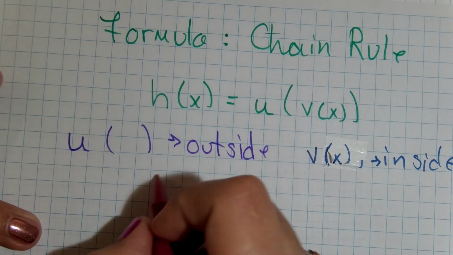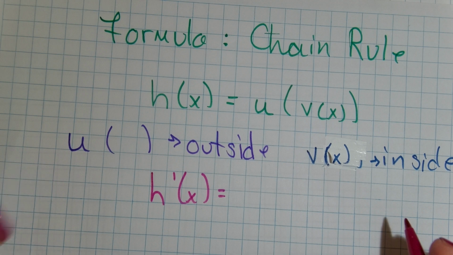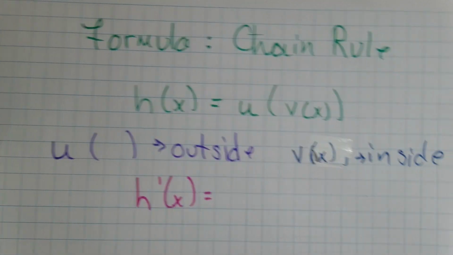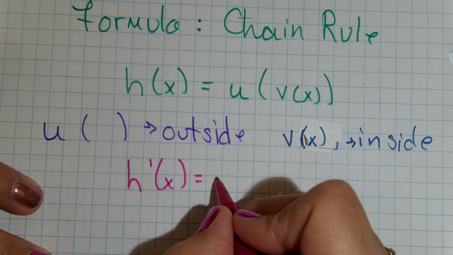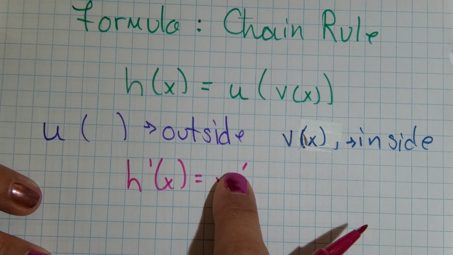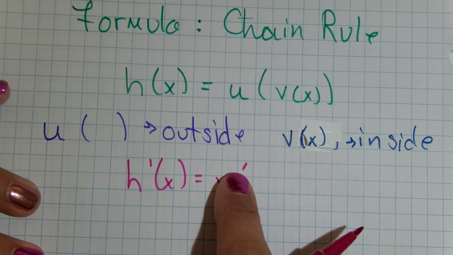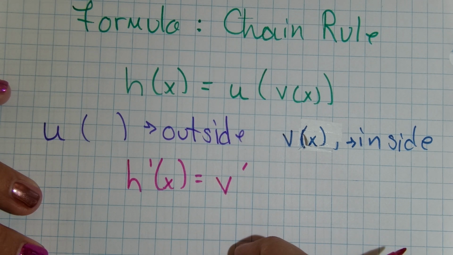The formula for h prime of x is v prime. So prime implies what? What is the word for prime? Starts with a D. Derivative, yes.